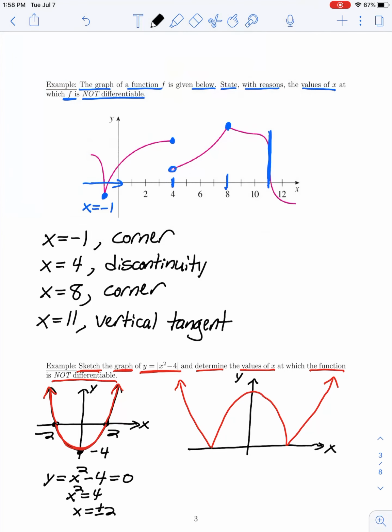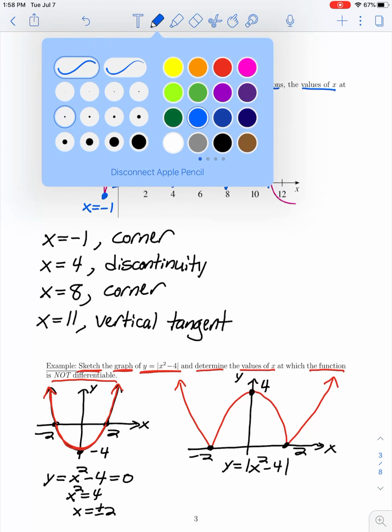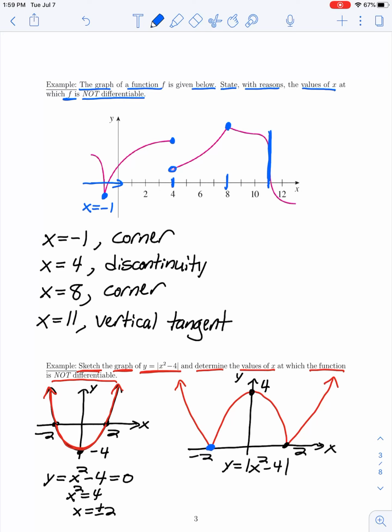So this would be a rough sketch for the graph of y equals the absolute value of x squared minus 4, where this point is now (0, 4), and our x-intercepts are still the same, positive and negative 2. Looking at the graph of this function, it appears to have corners at the points x equals positive 2 and negative 2.